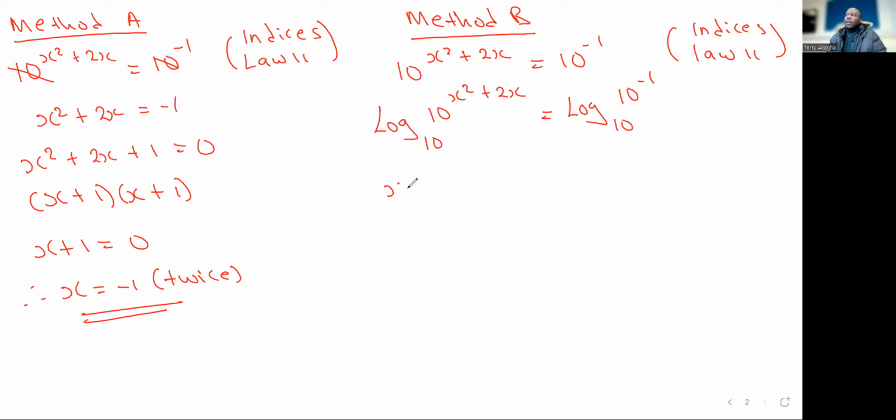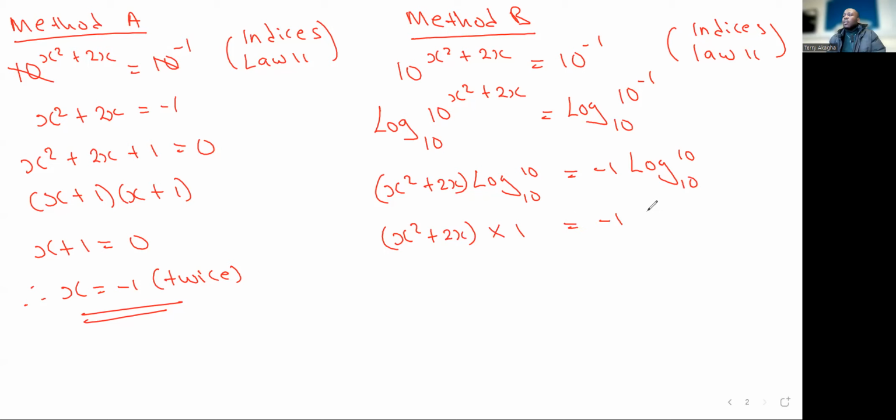Then you're going to have x squared plus 2x times log base 10 of 10 is equal to minus 1 times log base 10 of 10. And I also told you that if the log and the base are the same, this is equal to 1, all right? So that will give you x squared plus 2x, all multiplied by 1, is equal to minus 1 times 1. And that will give you x squared plus 2x is equal to minus 1.